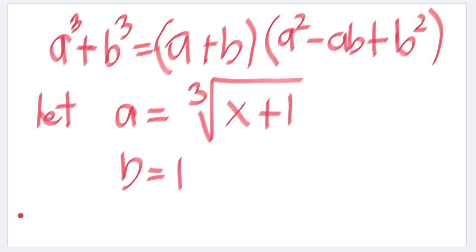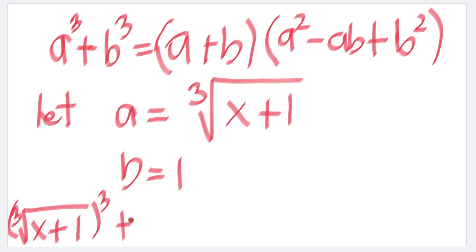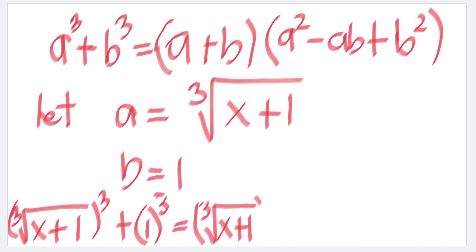So by that we have here the cube root of x plus 1, cubed, plus b cubed, which is 1 cubed, is equal to a plus b, cube root of x plus 1 plus 1.